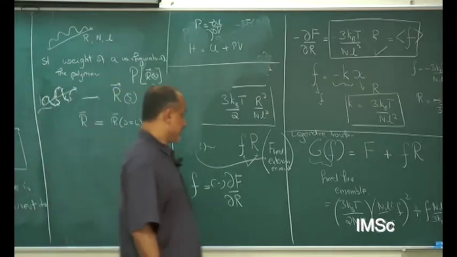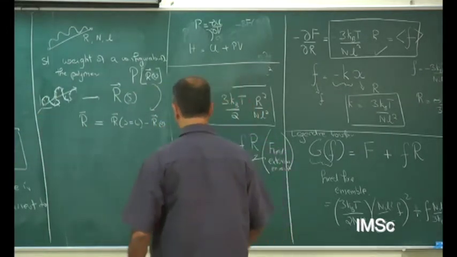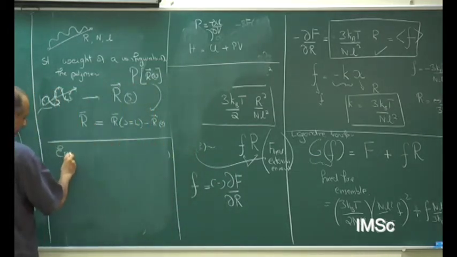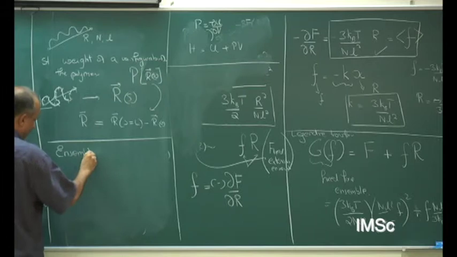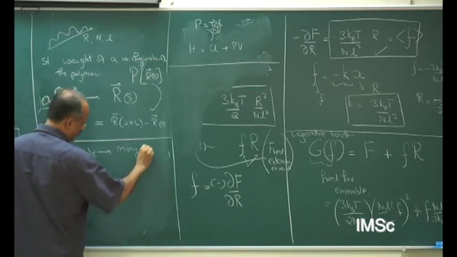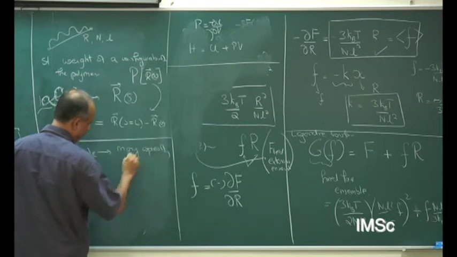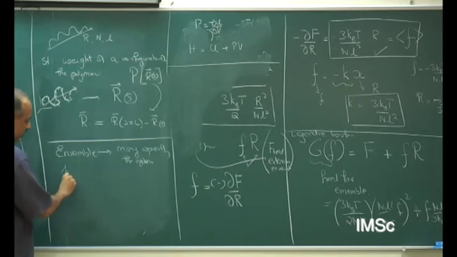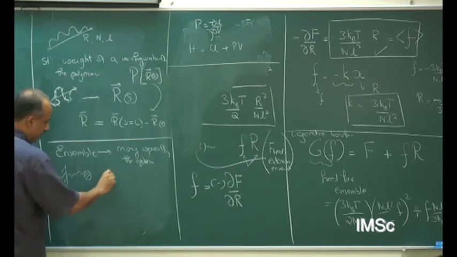Okay, that's a good question. The word ensemble is used typically for many copies of the system. It's a sort of mental way of saying, let me imagine doing this experiment in parallel in many different ways.